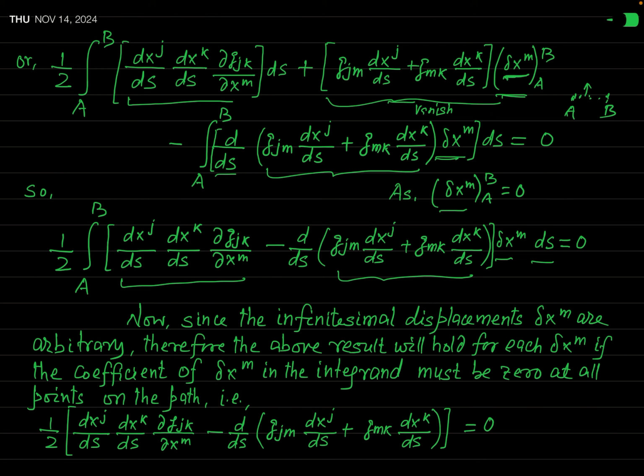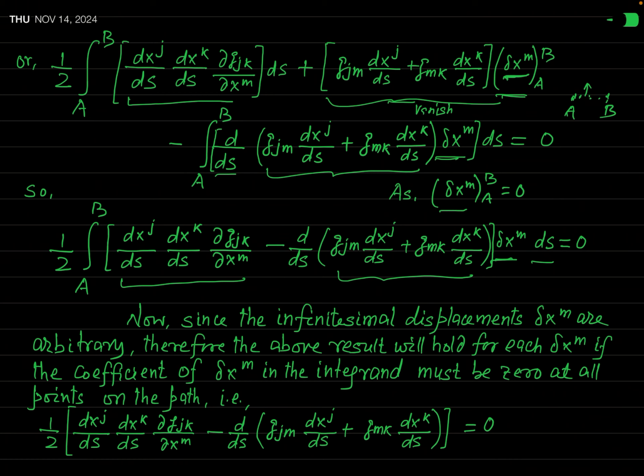But you know, what is this delta x_m? These are actually the infinitesimal displacements suffered by each point between the fixed points a and b. But these displacements are completely arbitrary.